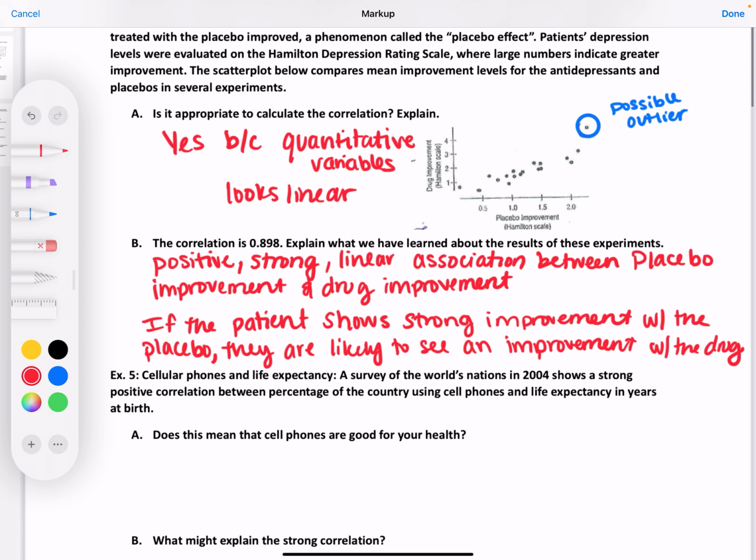So do y'all remember what I said in the notes last week, close to the end? This is a common thing where people say this is a result of this. No causation. Correlation does not equal causation.